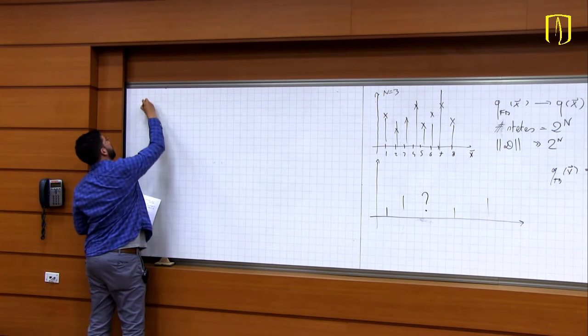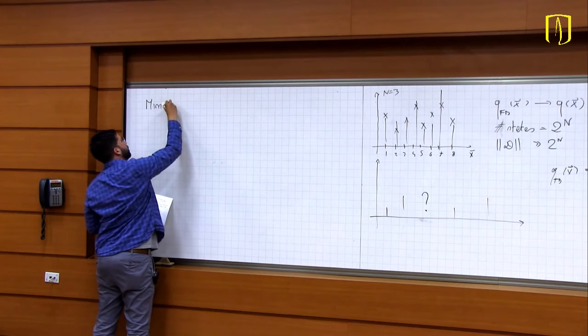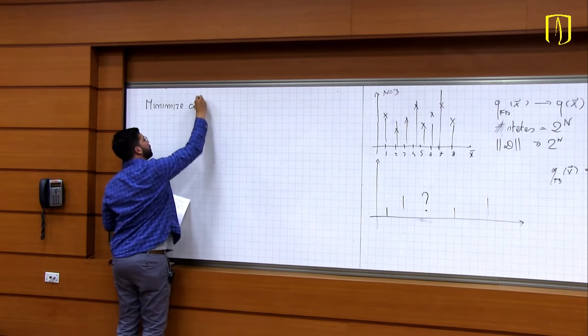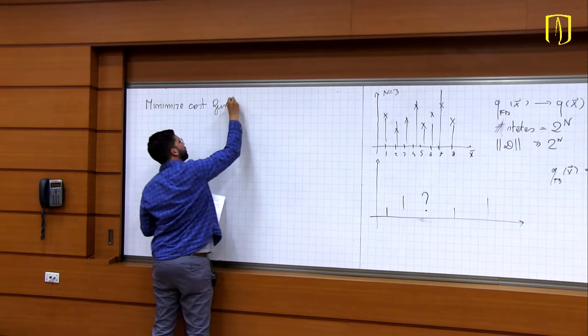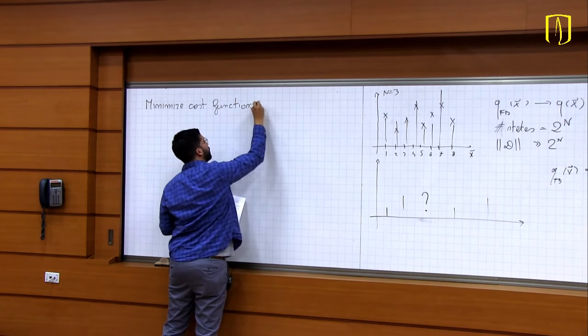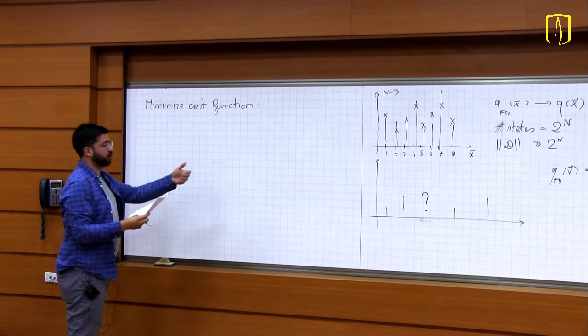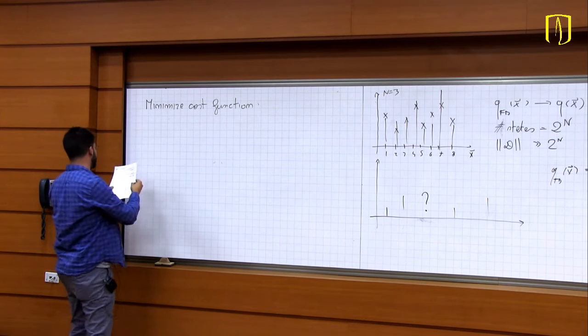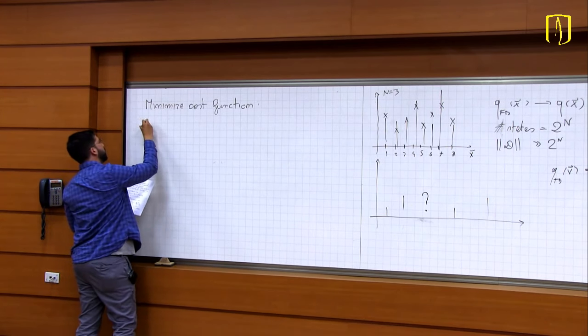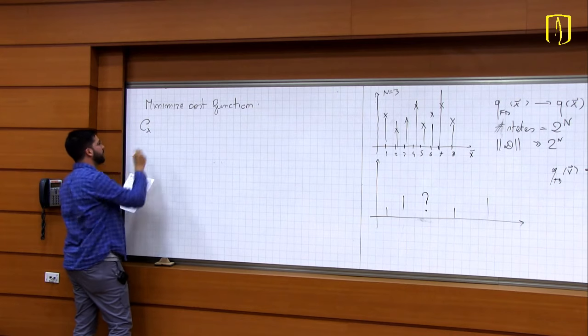So we want to minimize a cost function, as usual in machine learning. And this cost function has to capture the distance between these two distributions. I'm going to call the cost function C of lambda.